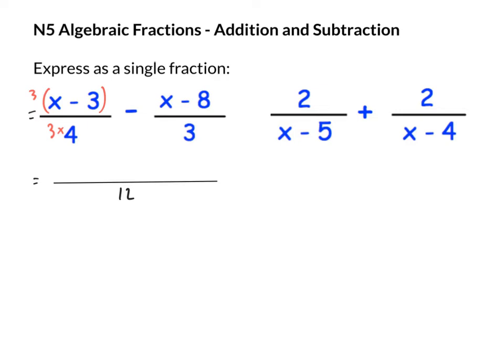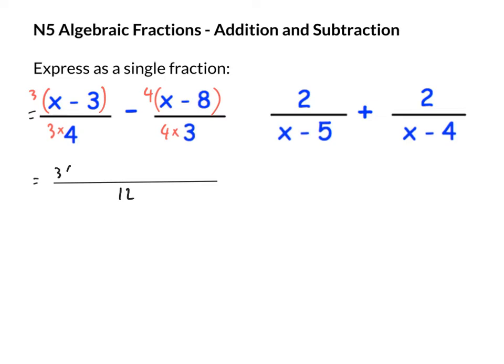And the second one, I need to multiply the 3 by 4. So the top needs to get multiplied by 4. Again, using brackets to emphasise the fact that it is all of that expression that gets multiplied by 4. Now, I'm going to rewrite this as a single fraction without doing any of the multiplying.